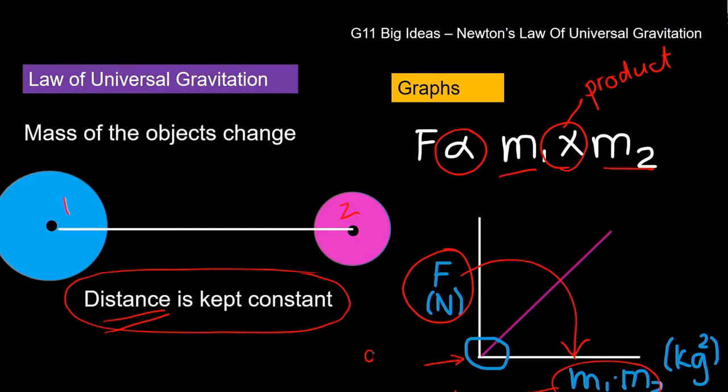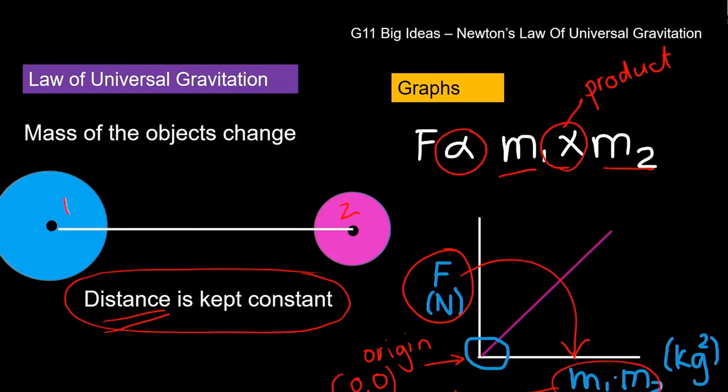So that's the origin there of our graph, and the values for that point is going to be 0, 0. That means if we've got 0 mass, then we're going to have 0 force, which makes sense, right? There's no mass. In other words, there's no objects for a force to work on.